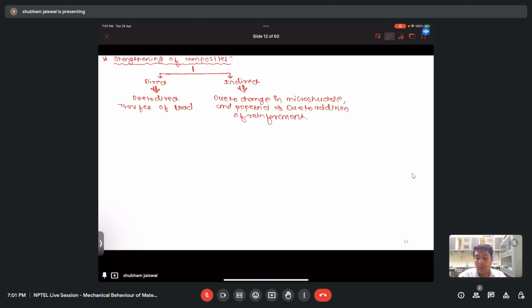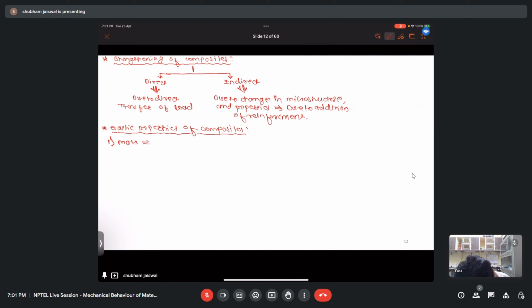Now, after this, we have seen some elastic properties of composites. So, the elastic properties of composite, if we see the first property, one is the mass.